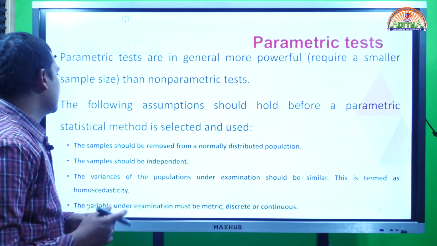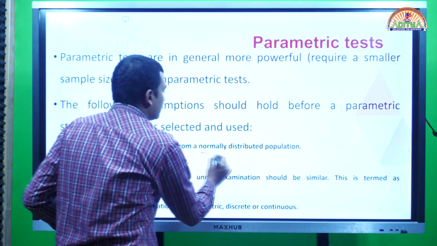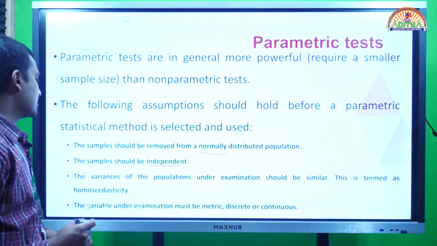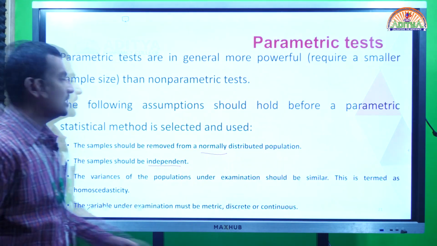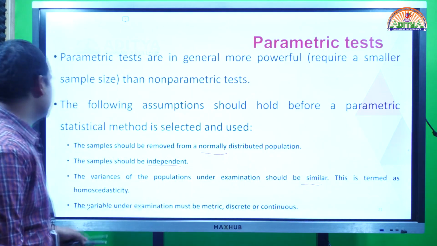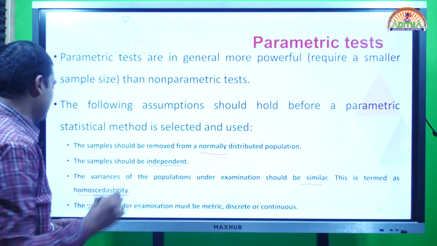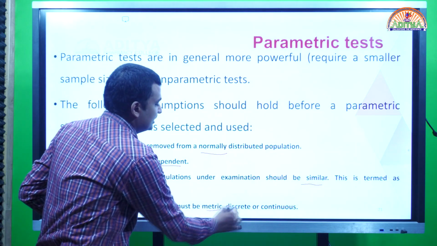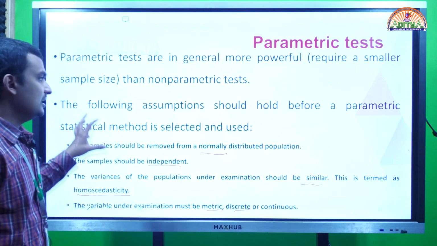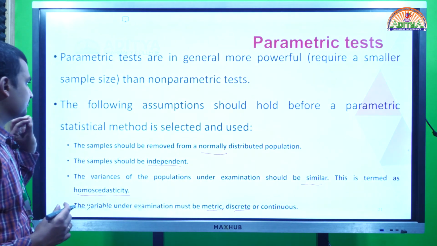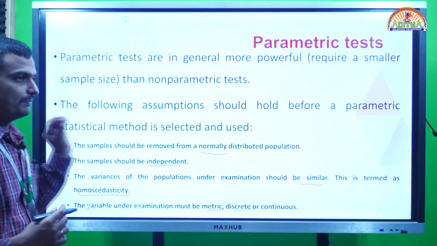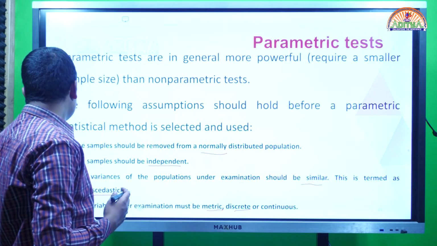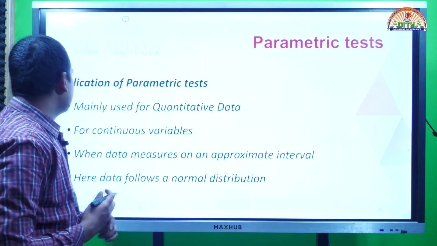These assumptions are: the data should be normally distributed, the samples should be independent, and the variances of the populations under examination should be similar. This is termed homoscedasticity. The variables under examination must be metric, discrete or continuous. So these are the various assumptions before selecting the parametric test to test the hypothesis.